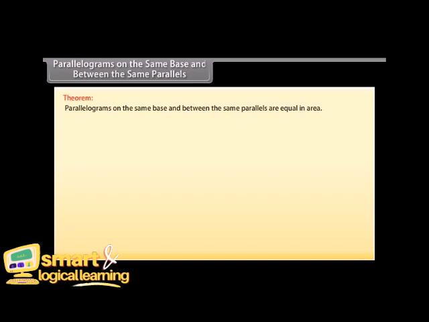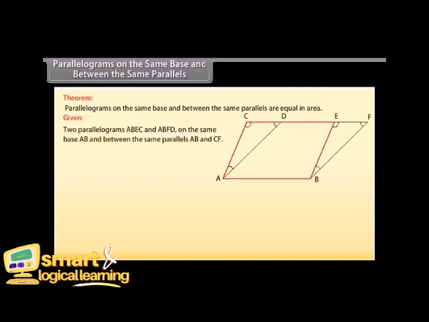Let us prove this theorem. Proof. Two parallelograms ABEC and ABFD on the same base AB and between the same parallels AB and CF are given. We need to prove that area of ABEC is equal to area of ABFD.